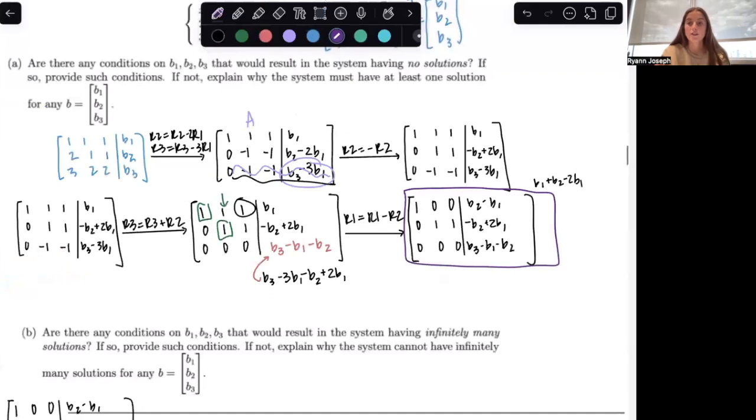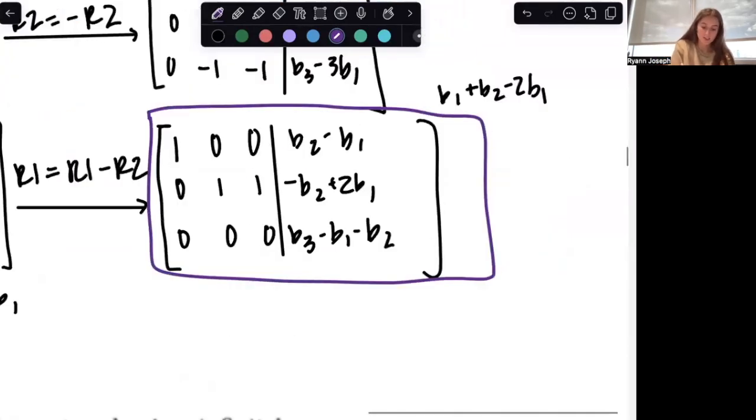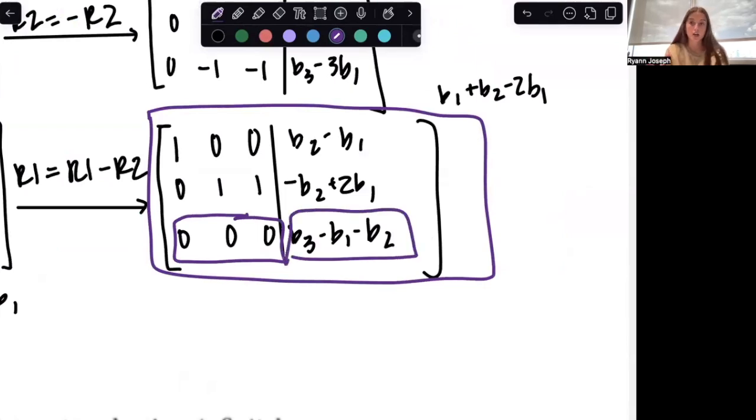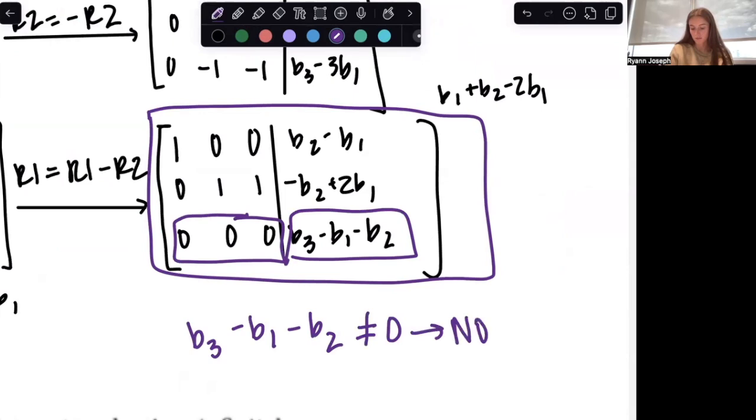Remember, something has no solutions when it has a 0 row in A with a non-zero value in B. So in this case, I have my 0 row in A. If this is non-zero, it has no solutions. So B3 minus B1 minus B2 not being equal to 0 makes it no solutions.